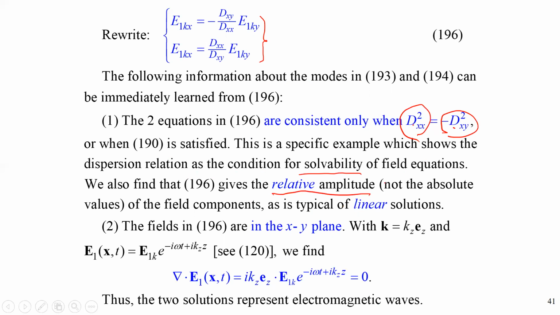The amplitude will be the same, a typical linear solution. 2. The fields in 196 are in the XY plane with K propagating in the Z direction, and E is here, so divergence E equals 0. The two solutions represent electromagnetic waves, EM waves.